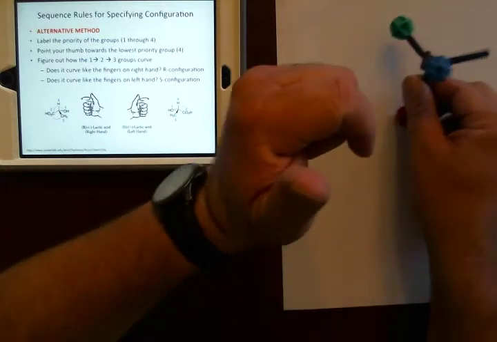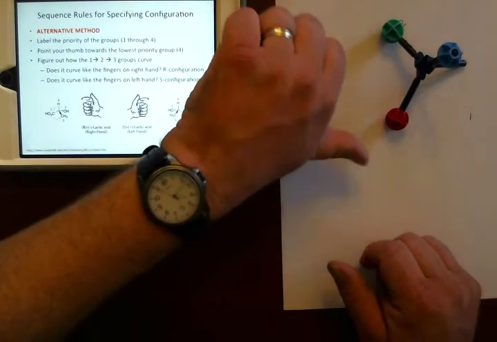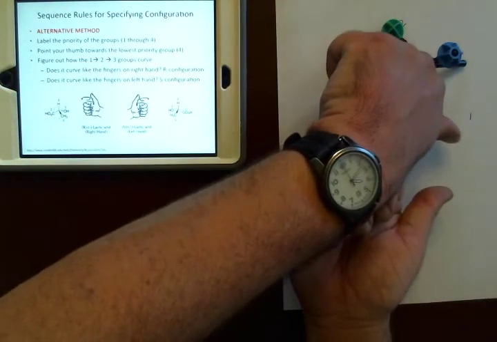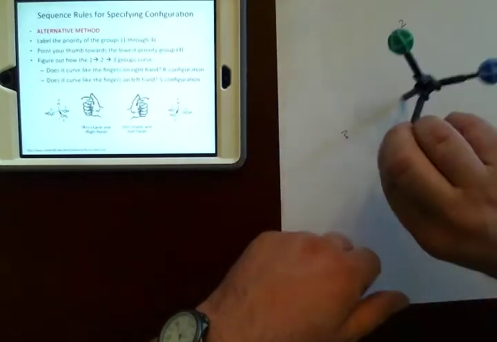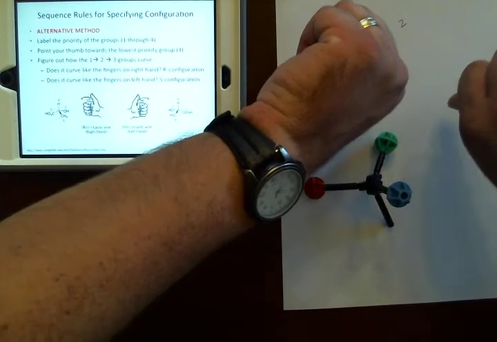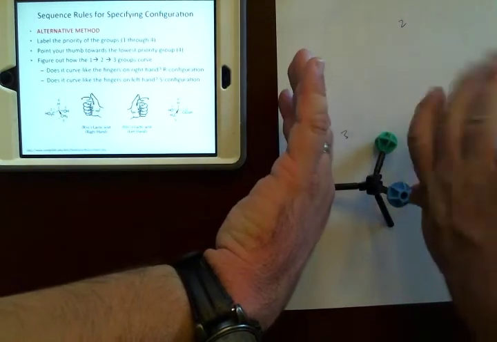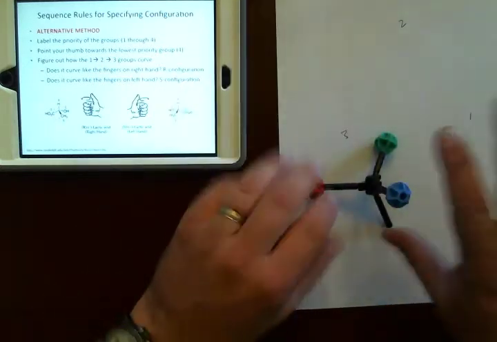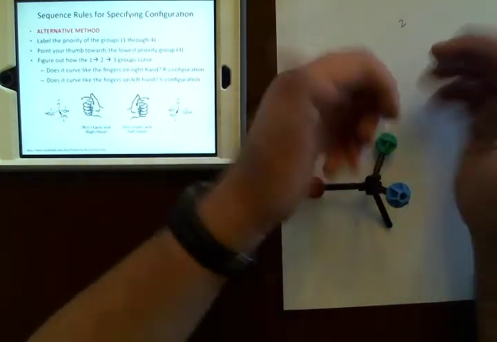If 4 is pointed over here, your thumb has to be pointed that way. If 4 is pointed down like this, then your thumb has to be pointed down. You just sort of see how you rotate 1, 2, 3, 1, 2, 3. But the nice thing is you don't have to rewrite the molecule. You just have to rotate your wrist.